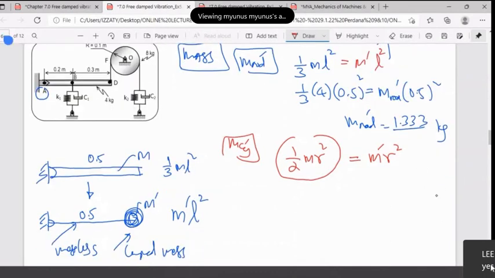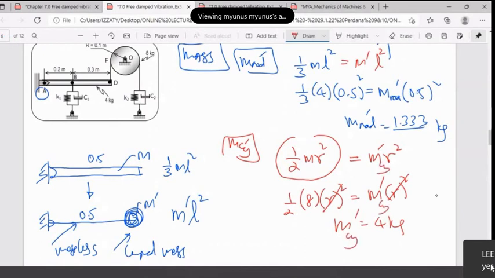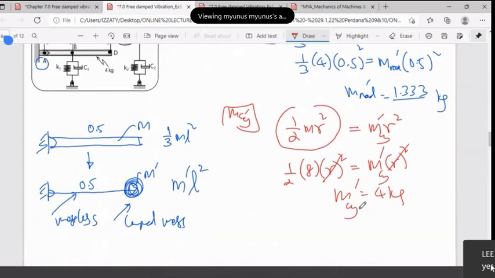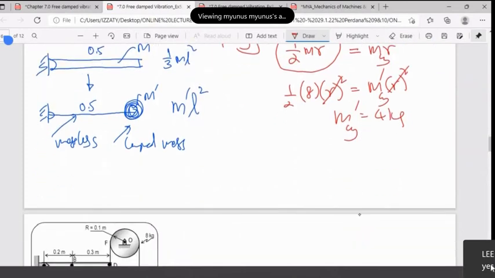So you have half times the mass of 8 given just now, radius half. The radius doesn't matter; we maintain the radius. Then M prime equals 4 kg, where M prime is the M cylinder.